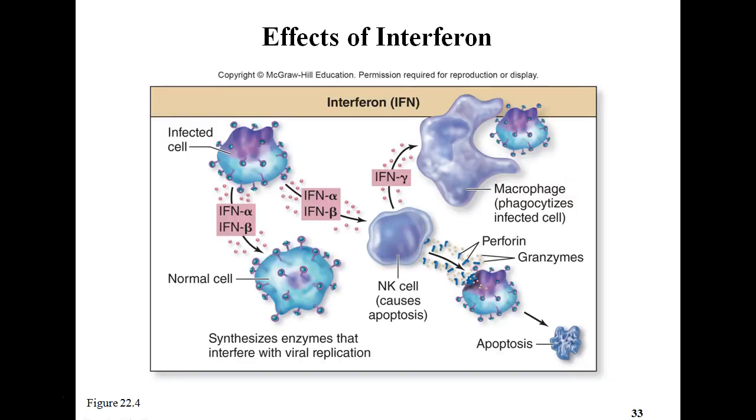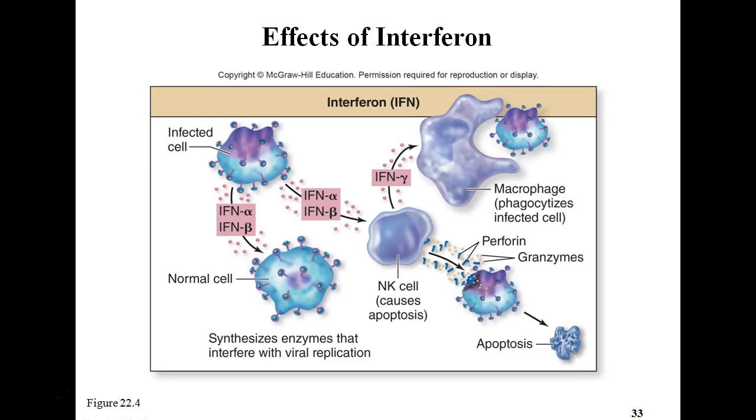Here we see that interferons are a class of cytokines, and that they're a sort of non-specific defense mechanism against viruses. So we see in this diagram that these cells are infected by a virus, so we need to kill that infected cell. We need to interfere with the replication of the virus going on inside it.